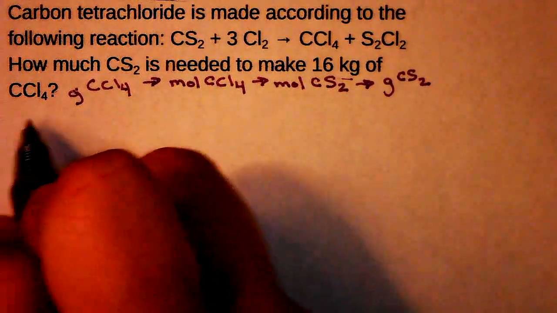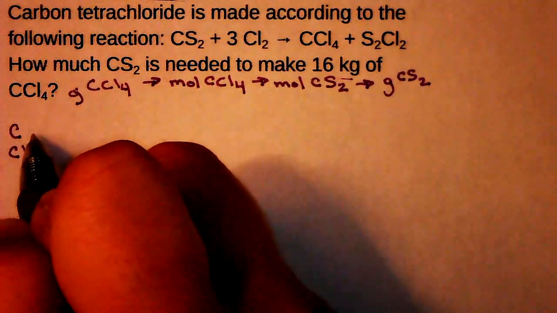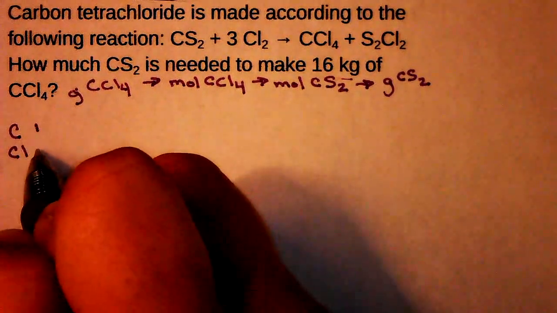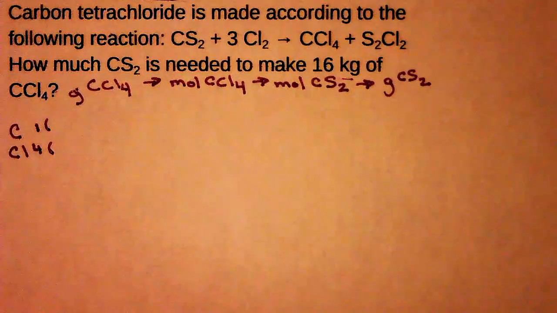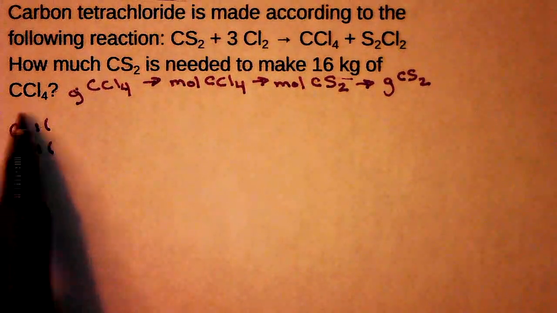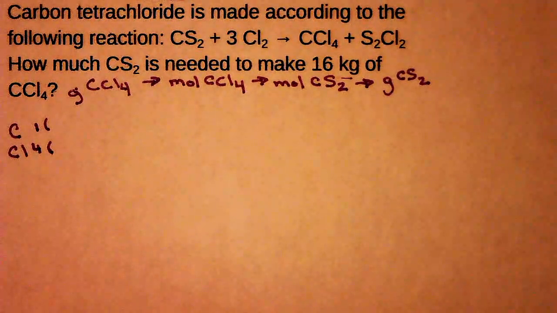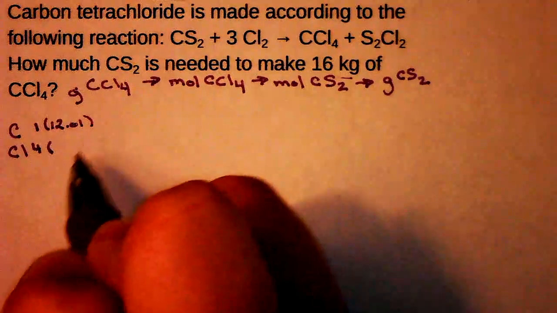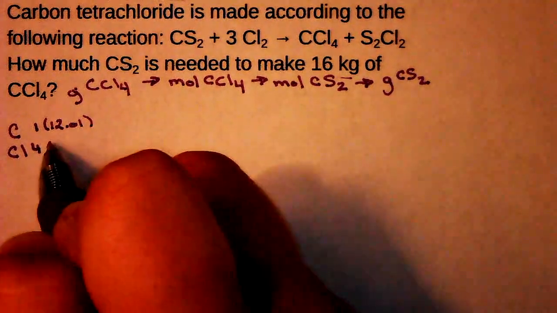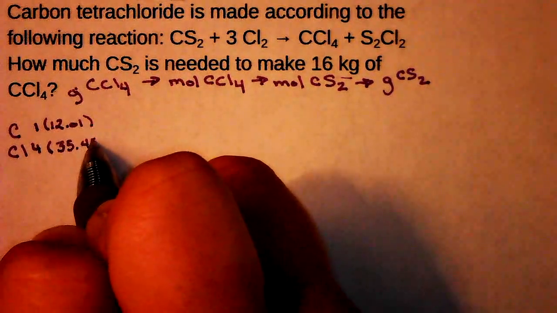So if we're going to get the molecular mass of CCl4, let's figure out what our molecular mass is. You've got 1 atom of carbon, 4 atoms of chlorine. We know that we've got 12.01 for our carbon, and chlorine is 35.45.